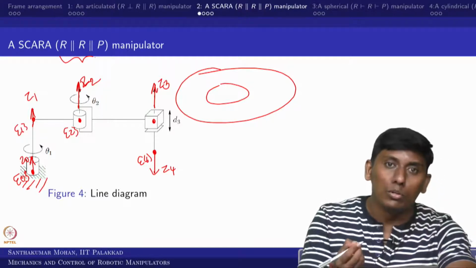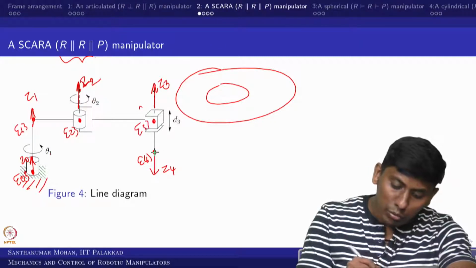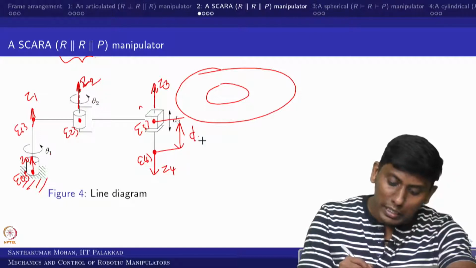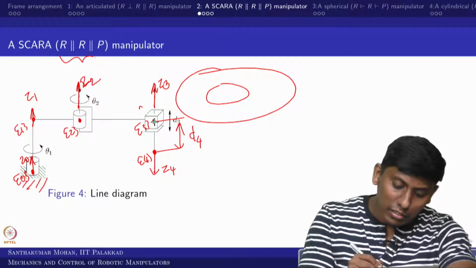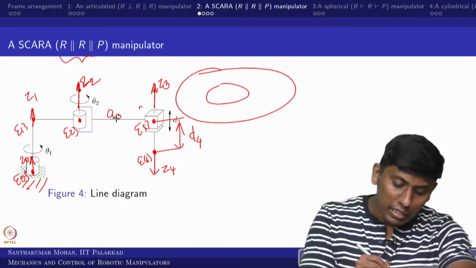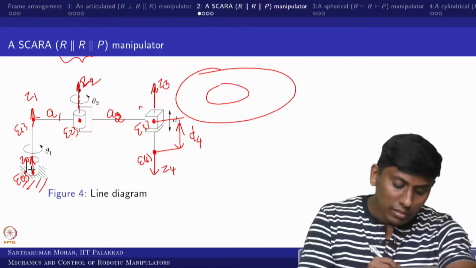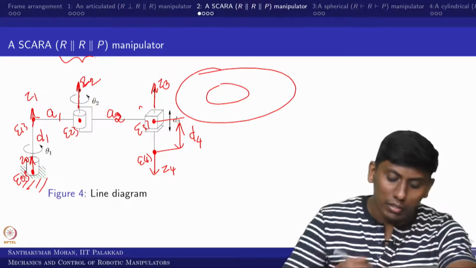This is frame 3, and this is some constant length we call d4. Between 2 and 3 this is a2, and between 1 and 2 this is a1. And this distance is d1.